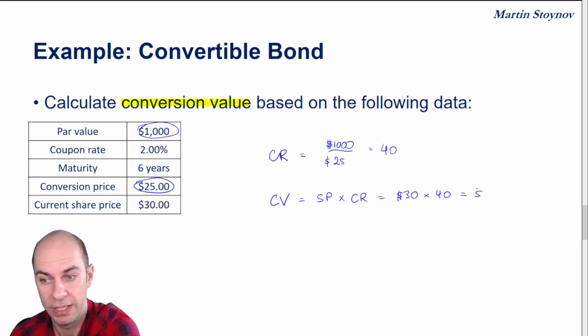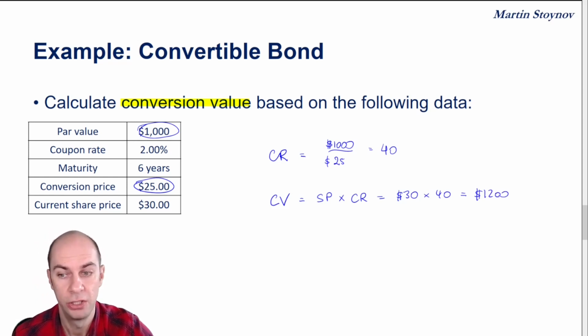So that's giving me a conversion value of $1,200. Notice that the conversion value is greater than the par value, and also notice that the current share price is greater than the conversion price. Those things imply essentially that the option is in demand and that the convertible bond will tend to behave more like equity than fixed income.